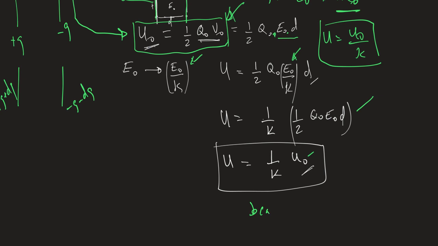Because K is bigger than 1, 1 divided by K is smaller than 1.